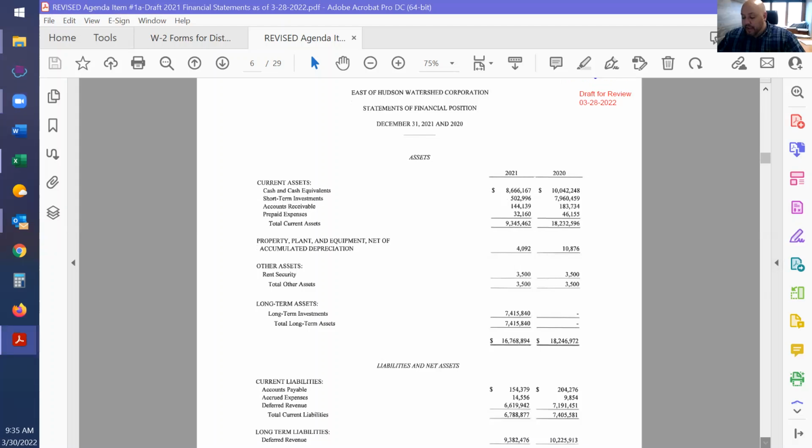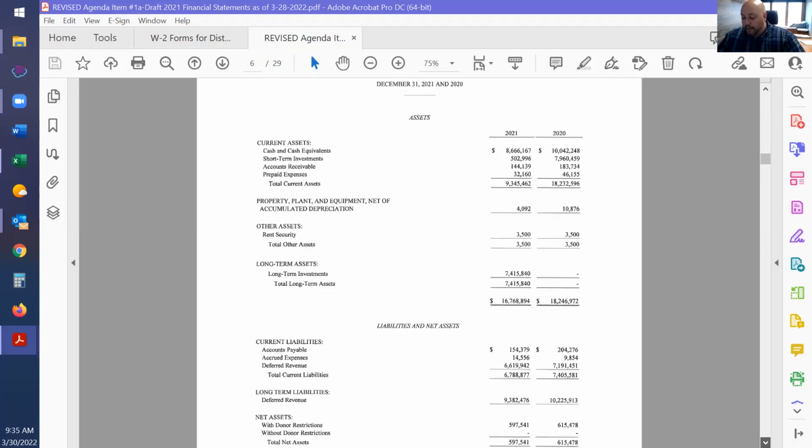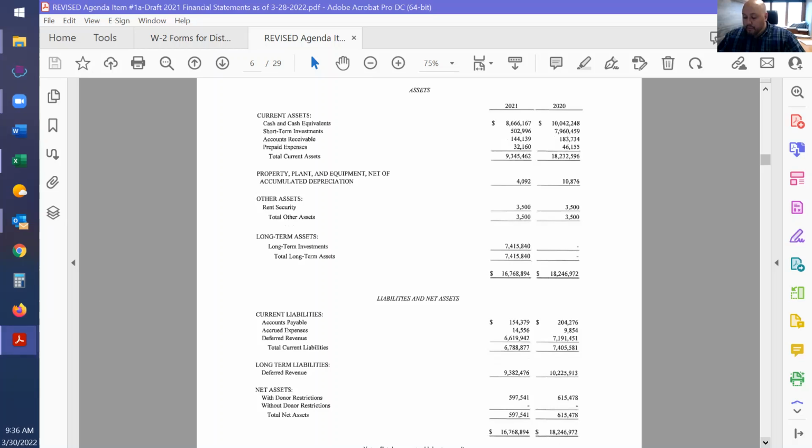You can see there's a decrease in assets of about 1.2 or 1.3 million this year. Primarily, that's due to the usage of the existing cash that we had in order to accomplish operations during 2021.